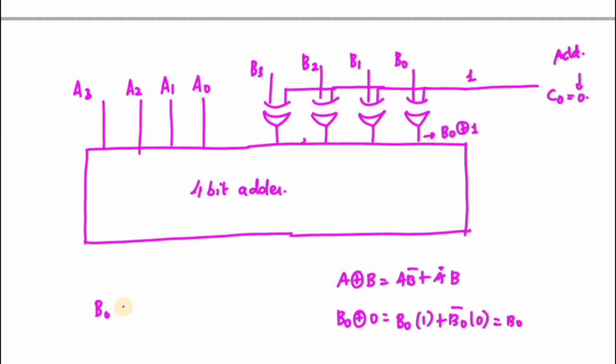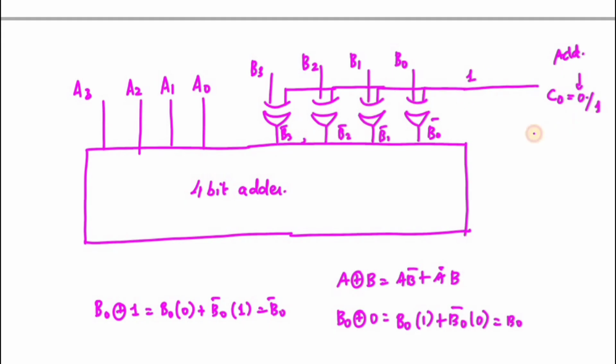Substituting in this formula, B naught into 0 plus B naught bar into 1, it is nothing but B naught bar. So we get B naught bar, B1 bar, B2 bar, and B3 bar. If C naught is 1, this is performing a 1's complement. After that, I have to add C naught, which is 1. Then only it will become a 2's complement value.